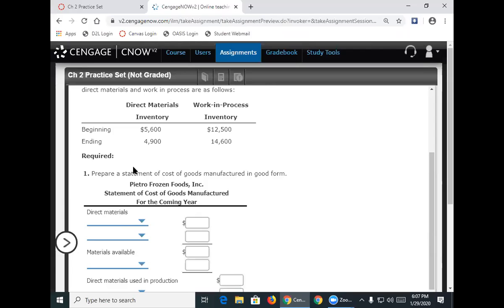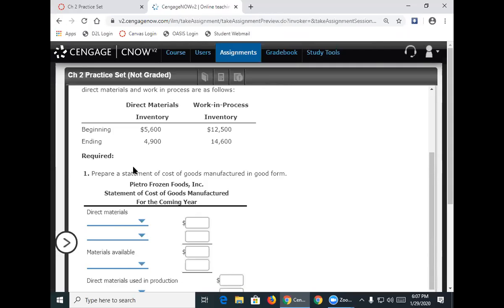So again, we can do this and just follow the notes that I gave you for the statement of cost of goods manufactured, or you can actually put it in the T accounts too. Again, sometimes it helps to see the flow through the T accounts to know what we're doing with the cost of goods manufactured, because really what we're doing is balancing our work in process T account to get to that number.